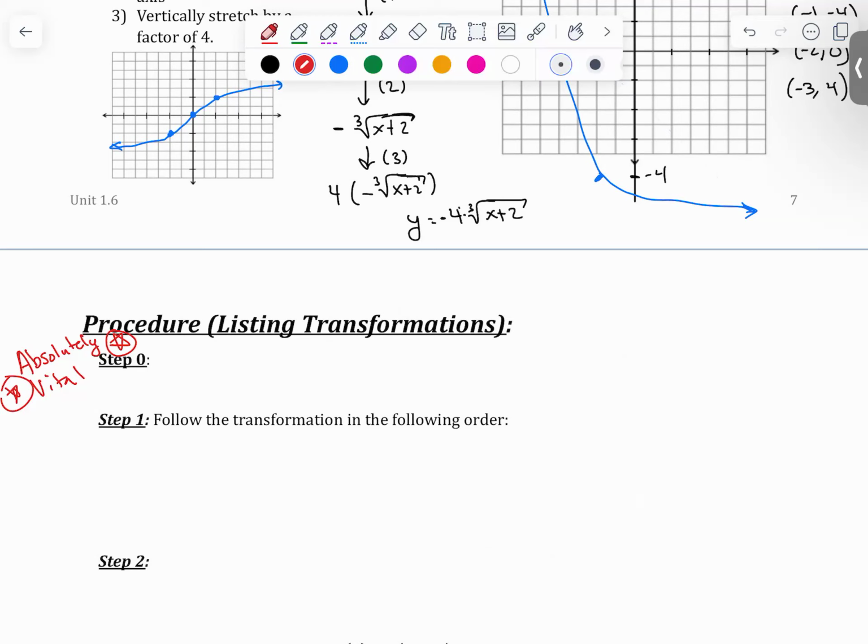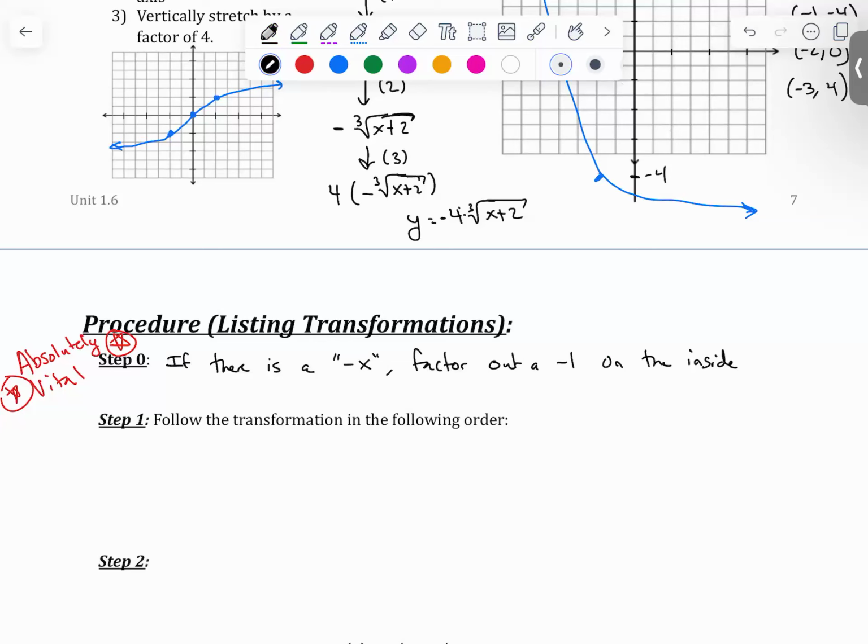Step 0. This is very, very important. If you don't do this step 0 with my method, it will not work. So step 0 is if there is a quote unquote negative x, factor out a -1 on the inside.